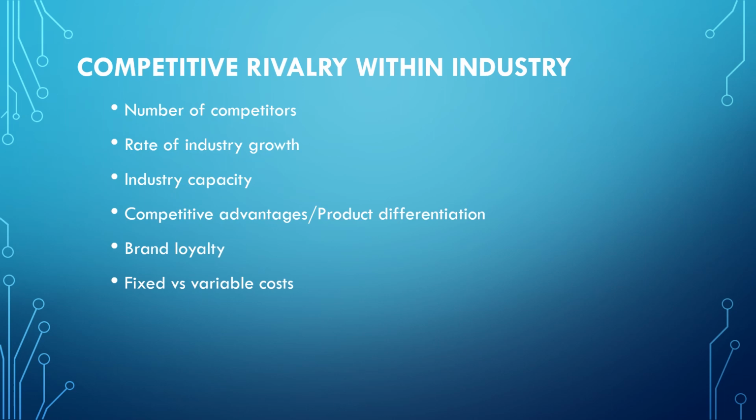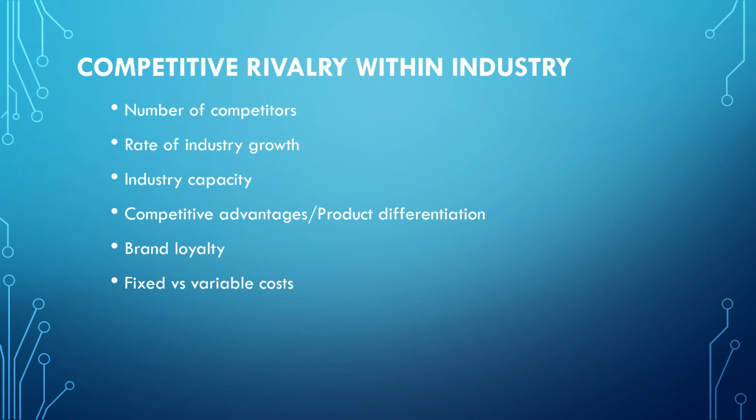All right, so competitive rivalry within an industry. Some of the things that affect competitive rivalry is the number of competitors. As the number of competitors goes up, what happens to competitive rivalry? It also goes up. In some cases, you don't need more competitors, but if we keep having more and more new competitors come into an industry, the competitive rivalry goes up and the potential profits go down. The rate of industry growth impacts competitive rivalry, right?